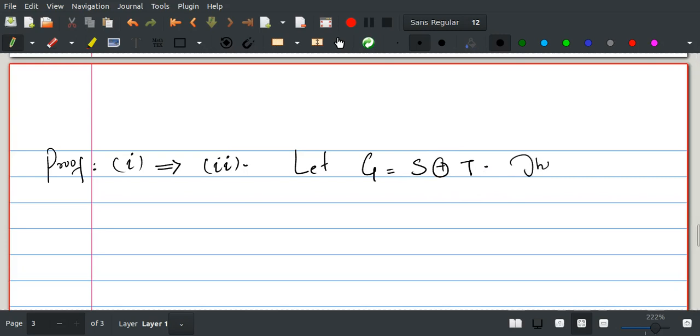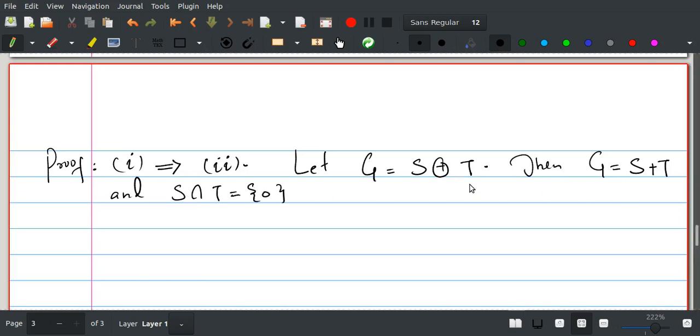This is the definition because we write ⊕ for these two things. Now what we have to prove is that each element of G can be uniquely expressed as an element of S and an element of T.